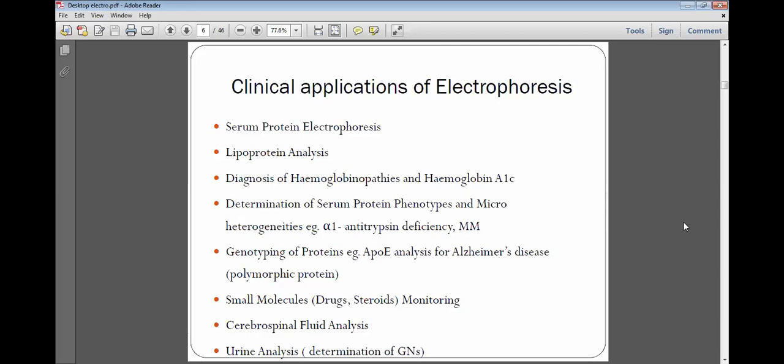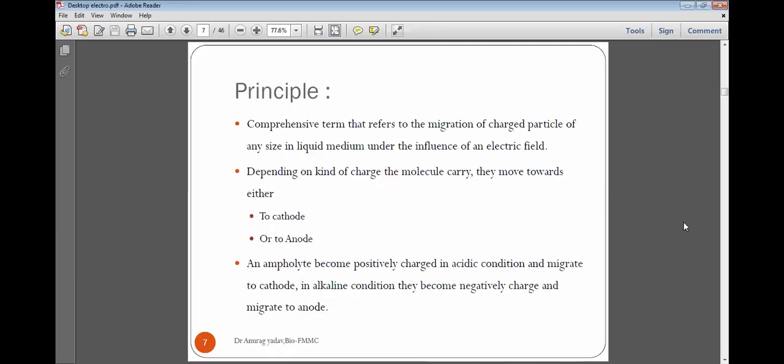A wide variety of applications with the help of electrophoresis. So particularly in the analysis of different biological fluids, this electrophoresis technique is very important.